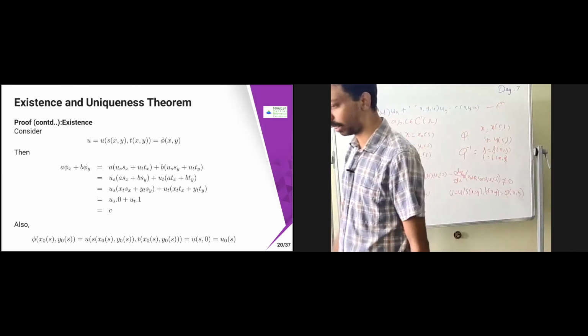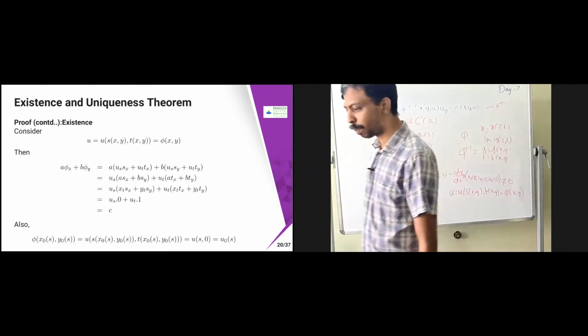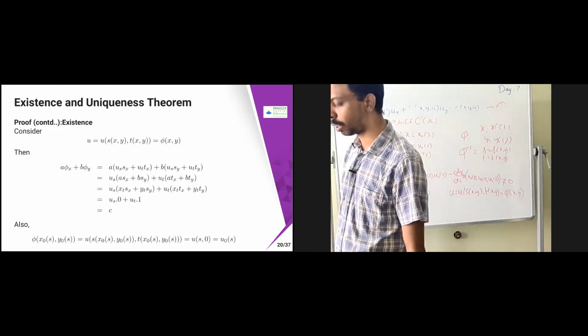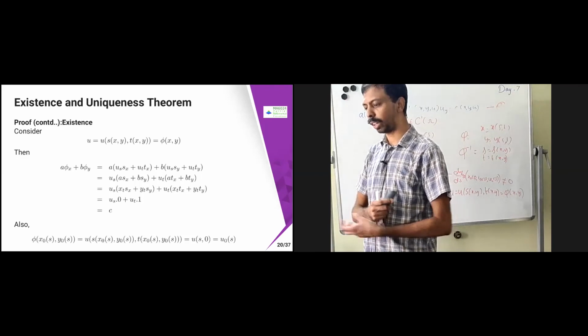Now we compute a u_x plus b u_y. Since u is a function of s and t, it becomes a into u_s s_x plus u_t t_x. That is the chain rule.